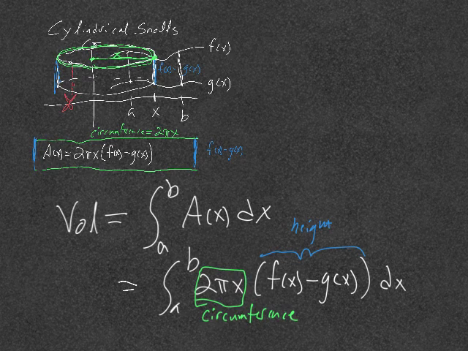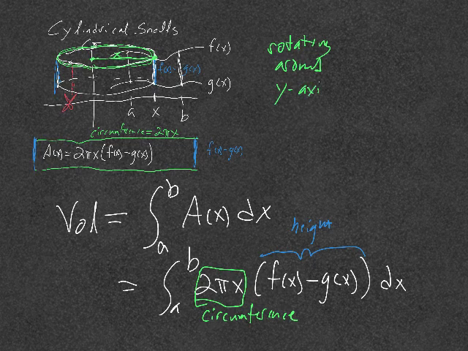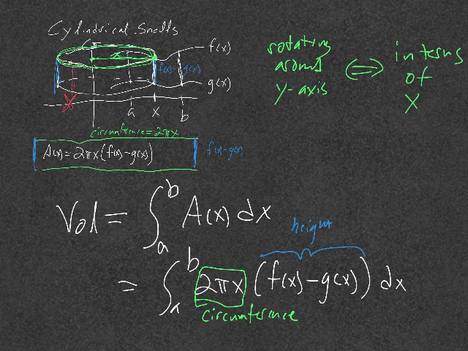So the really big difference with shells from discs and washers is that for shells, if we're rotating around the y-axis like we were here, then our integral is going to be in terms of, well, what variable was it in terms of here? It was in terms of x and not y. So for cylindrical shells, if the axis you're rotating around is the y-axis, then your integral is going to be in terms of x.